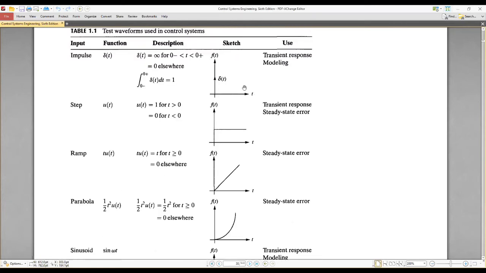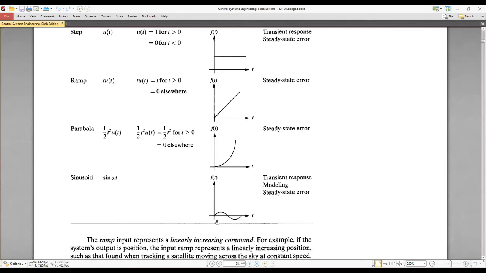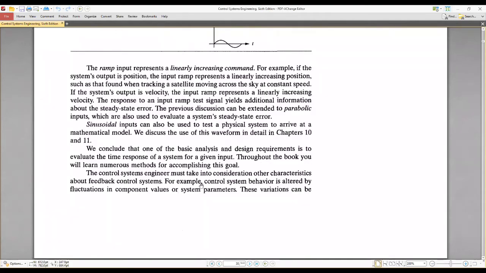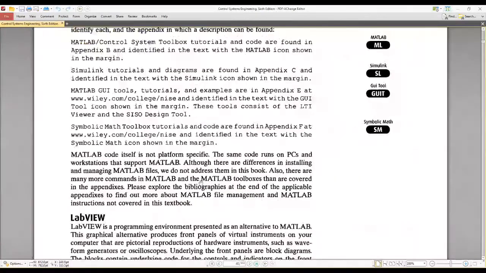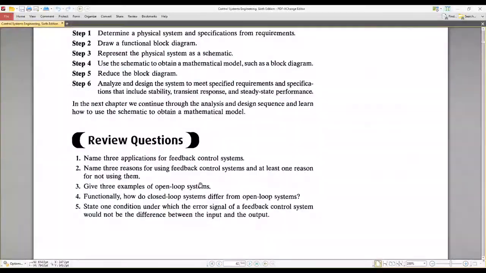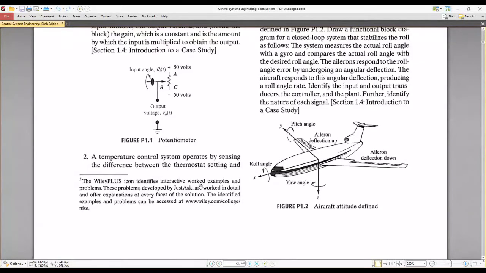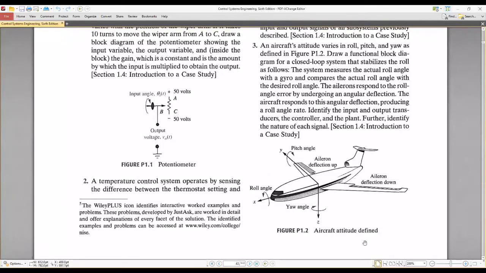See again, this is the impulse, this is the step, this is the ramp, and this is the parabola. And there is a sinusoid, sine omega t. They have used MATLAB, but we will use Octave. See, some problems are there. Aircraft attitude defined.